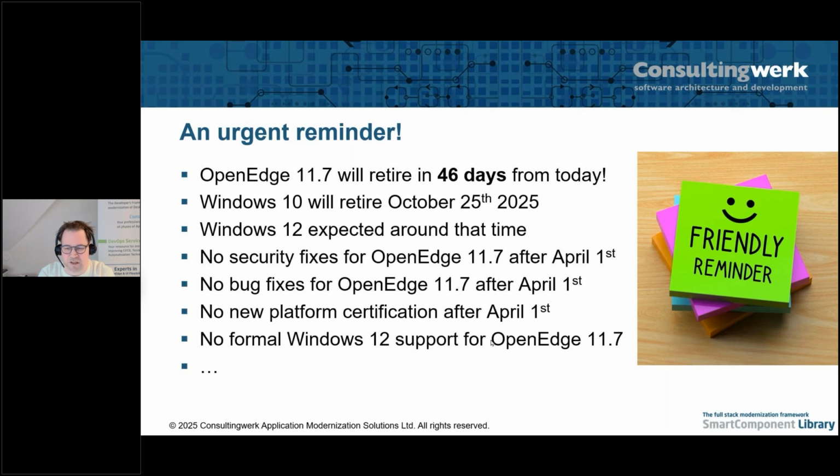But I think every serious user of an OpenEdge application should have a strategy for upgrading from 11.7 to either 12.2 or 12.8, which are the two long-term supported releases. 12.8 being supported for the next, I think, 6 years, 12.2 for the next 3 years, roundabout. More details for that in the Progress documentation in the platform availability guide.